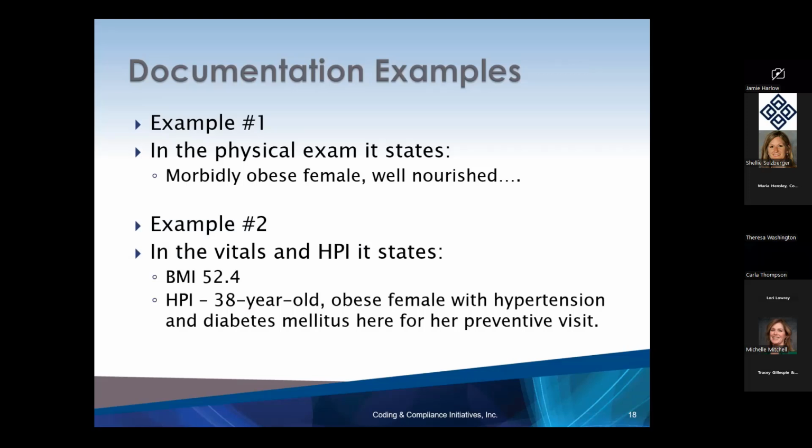In this second example, in the vital signs, it has the BMI of 52.4. In the HPI, it states that there's an obese female with hypertension and diabetes here for her preventive visit. In this instance, if the provider has not pulled a more specific diagnosis into their assessment, we can only code obesity unspecified. Remember, E66.9 does not risk score.